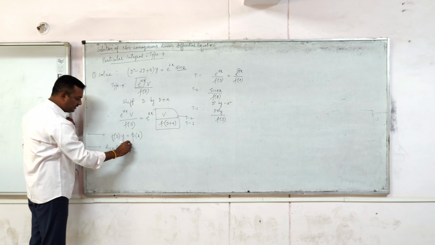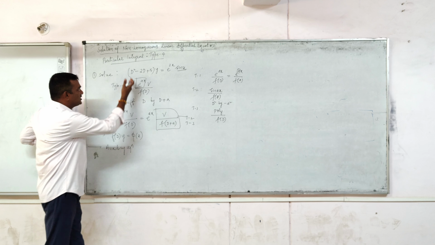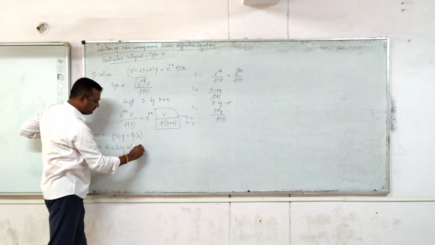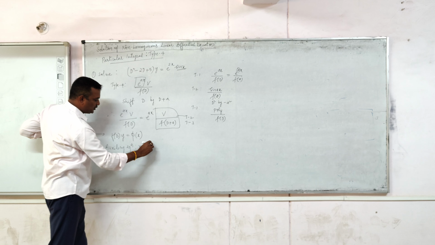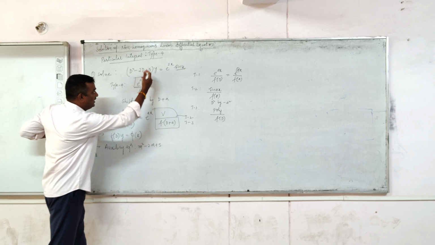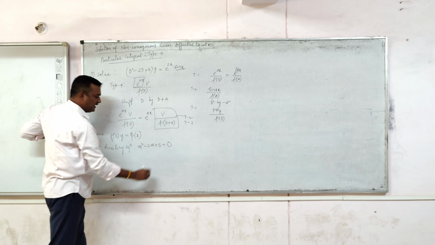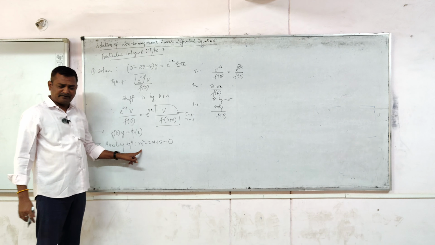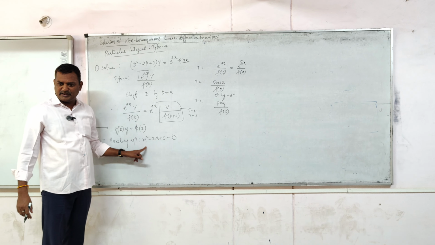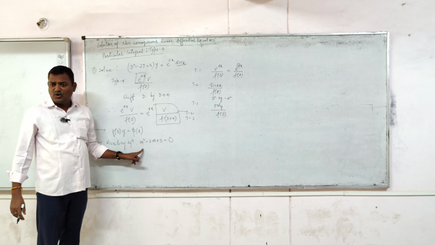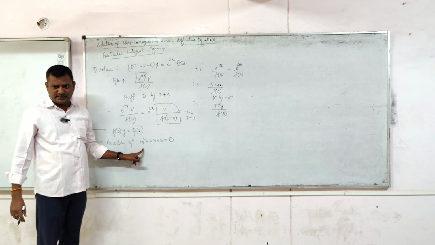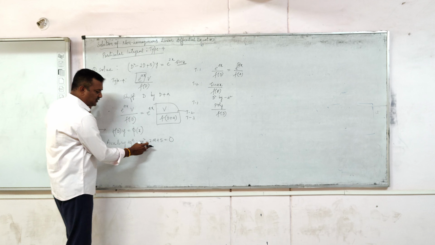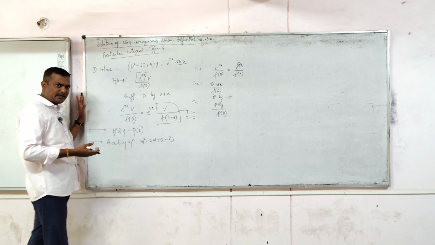What is the auxiliary equation? Just replace D by m: m square minus 2m plus 5, and neglect y and the right side. You will get the auxiliary equation in terms of m, and look, it is a quadratic equation in m. So what are the nature of roots of quadratic equation?